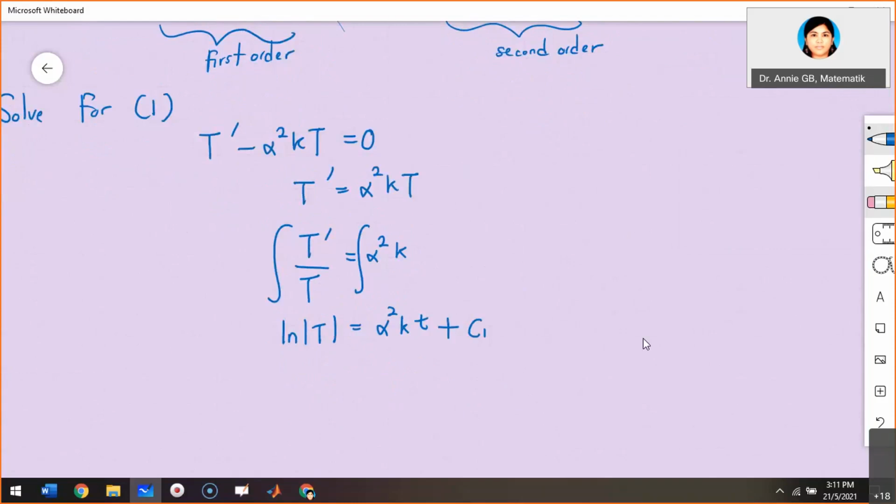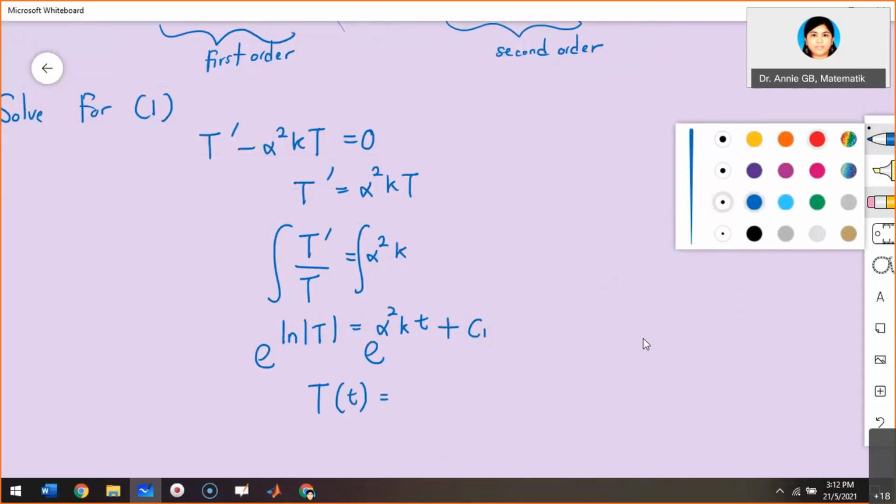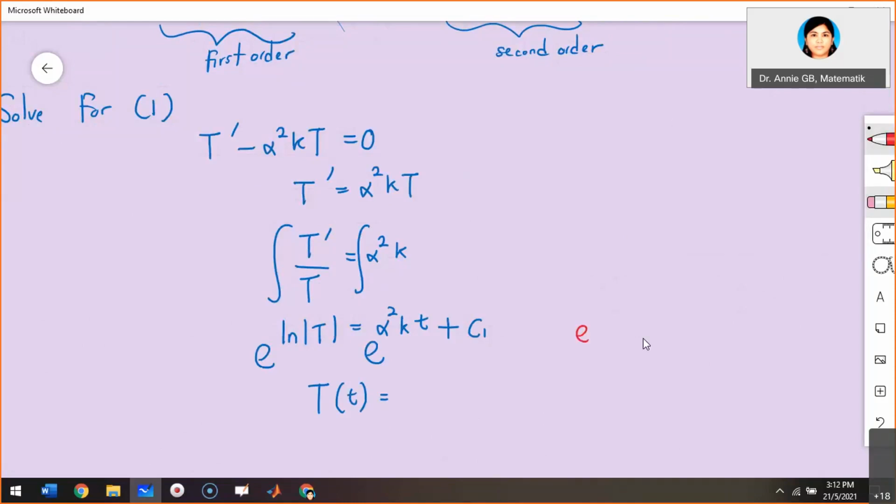Now, what you do? Obviously, you're going to take exponent left, exponent right. So, exponent ln will give you T equals to, okay, now exponent ni saya dah pernah tunjuk banyak kali property of exponent. Exponent A tambah B, kita boleh tulis dia sebagai exponent A, exponent B. Betul tak?